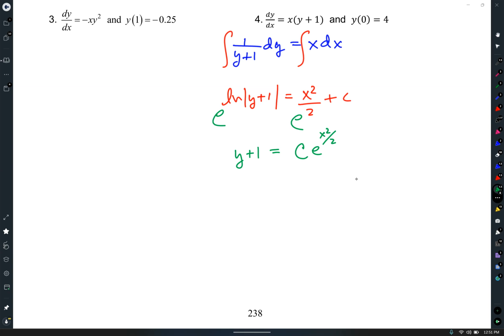I tend to, as soon as I E it up, on the next step, just go ahead and put that C out in front, without even having to think about it. Again, you don't have to. I just think it makes your life easier.